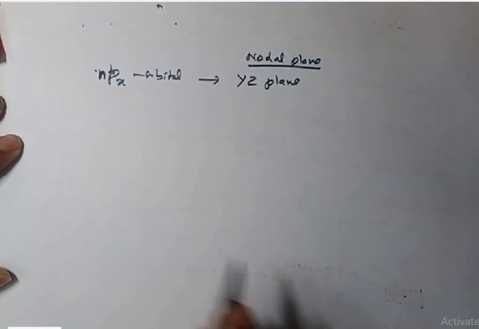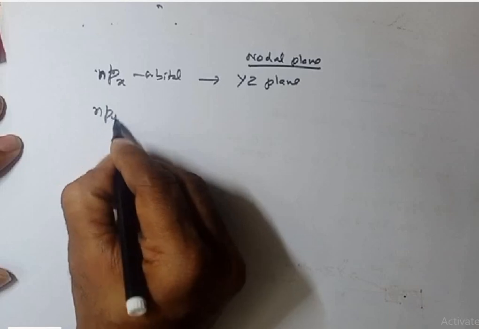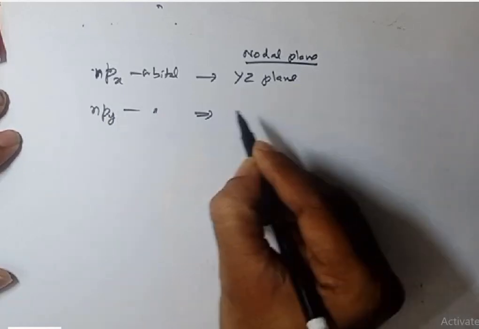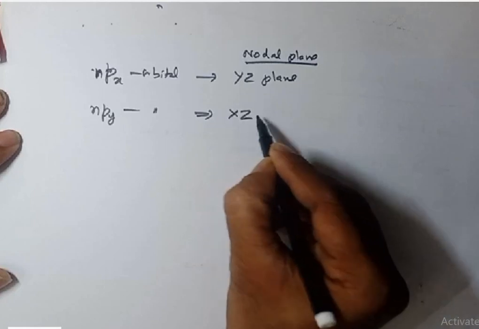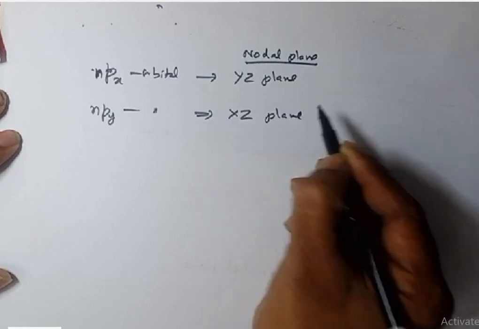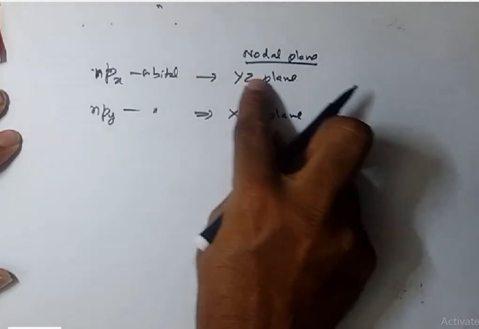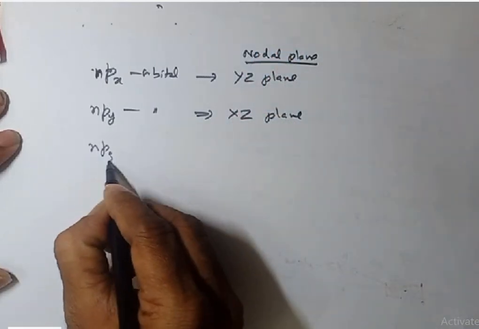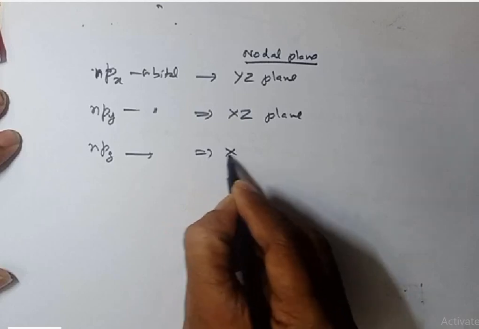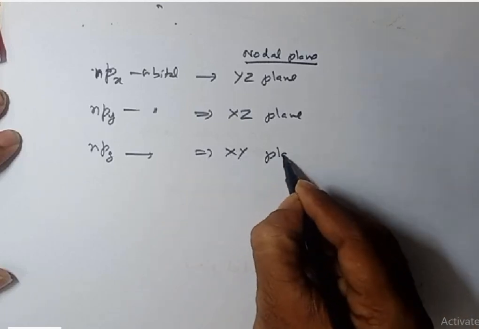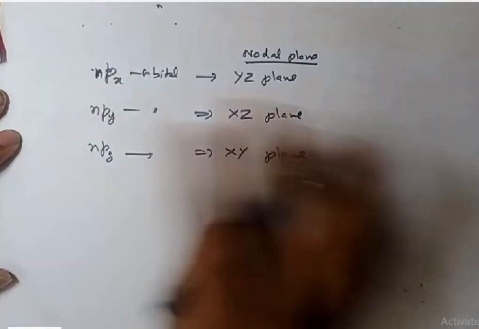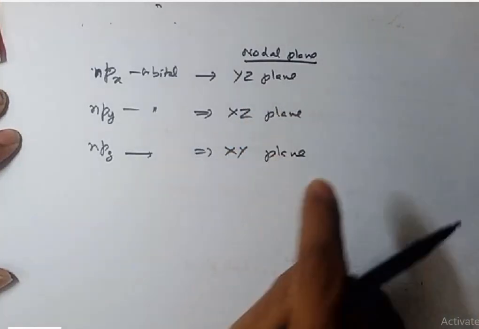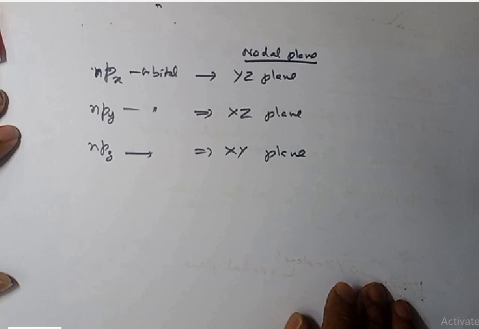For any npy orbital, 2py, 3py, whatever it is, the xz plane is the nodal plane. And we have only one nodal plane, okay? Similarly, for any pz orbital, we have the xy plane as the nodal plane. So for any p orbital in general, we have only one nodal plane, so it has one angular node. Are you able to follow?